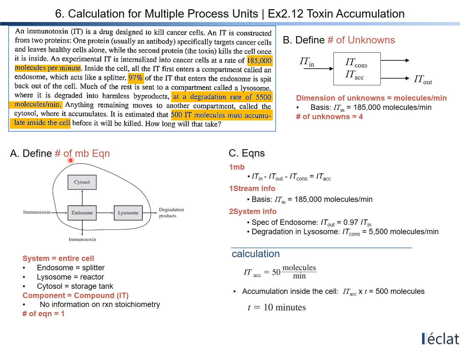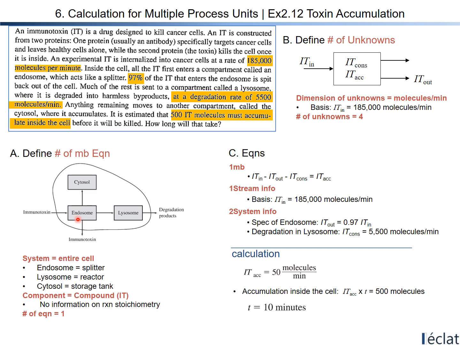So here is the schematic diagram, and this is the cell, and this cell could be considered as the system, and immunotoxin is introduced into the cell. The first organelle of the cell is the endosome to get the immunotoxin.